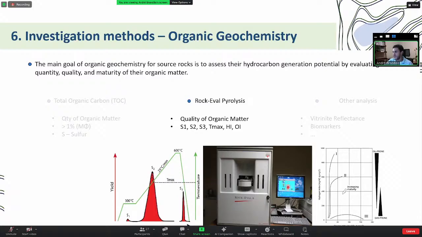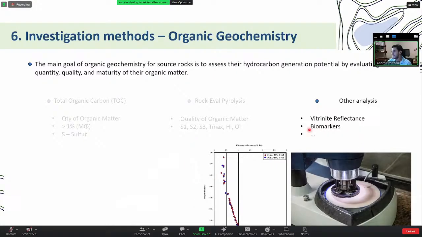There are also other aspects that you can measure, but basically you're measuring again the quality of the organic matter, if it's terrigenous or if it's from a marine source. And you can combine these to, again, create a more sophisticated model. And there are many other analyses. In this case it is vitrinite.